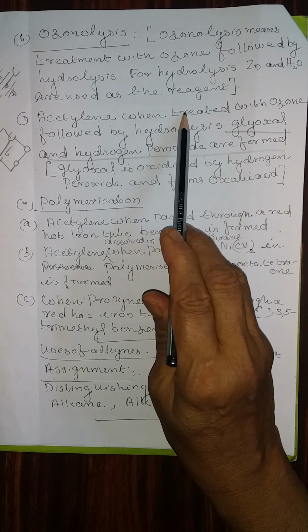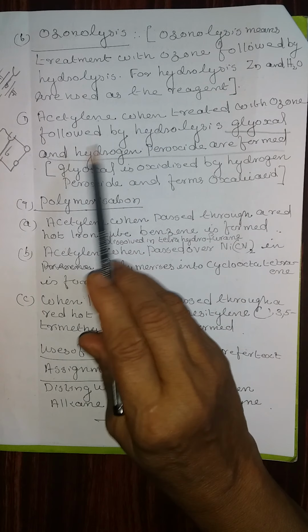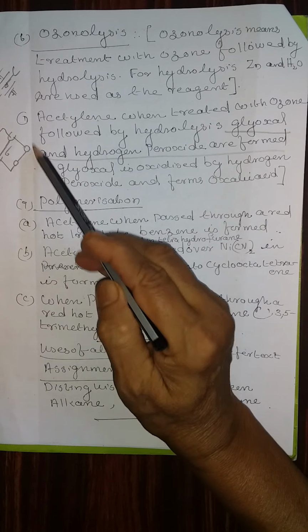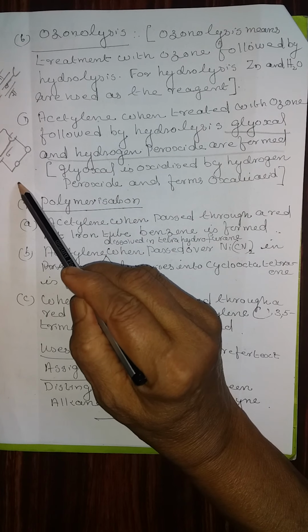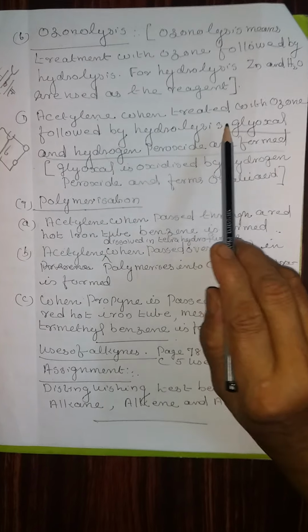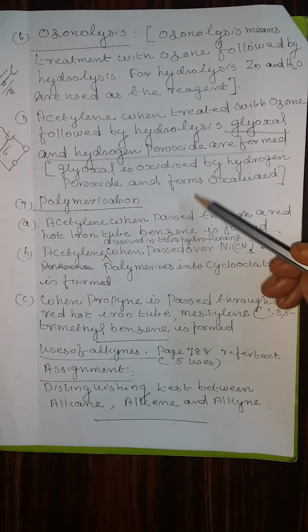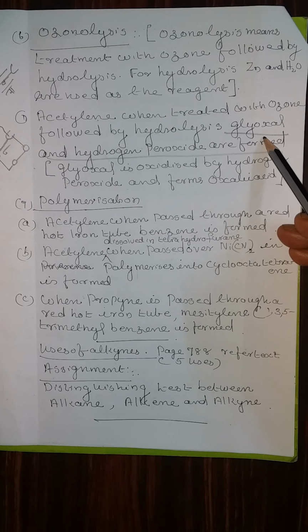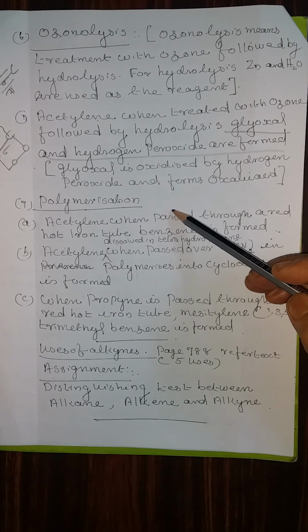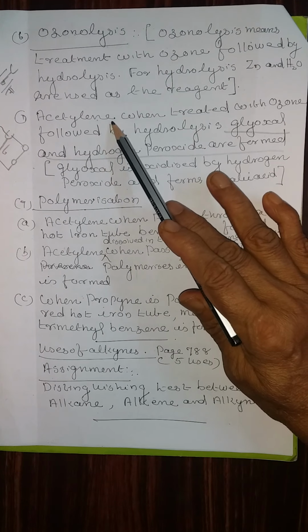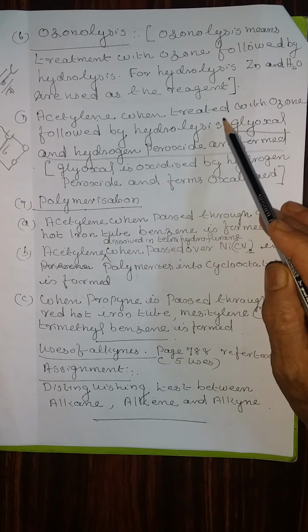That is, you write with ozone first, then write the intermediate product so that you can understand the mechanism, or you can directly write followed by, below that write zinc and water and write the product glyoxal. Fill in the blank question can be asked, what happens when acetylene is subjected to ozonolysis?